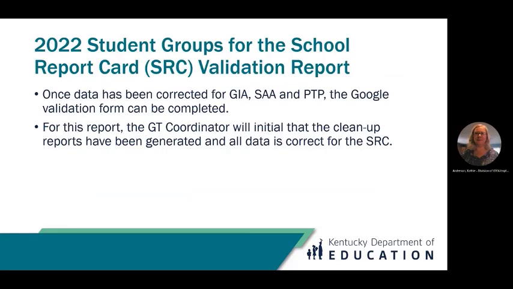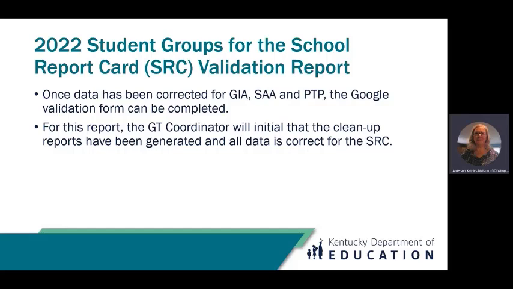'22 student groups for the school report card validation report. So once the data has been corrected and cleaned up for GIA, SAA, and PTP, the Google validation form can be completed. For this report, the GT coordinator will initial that the cleanup reports have been generated and all data is correct for the school report card.